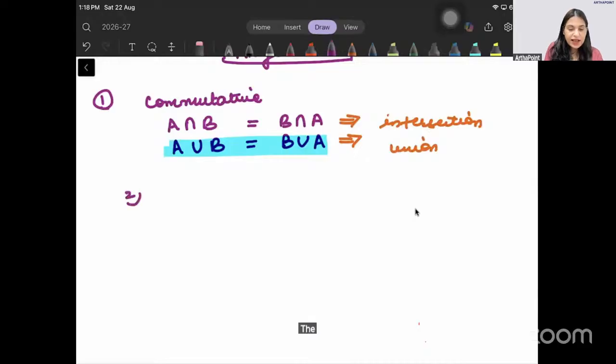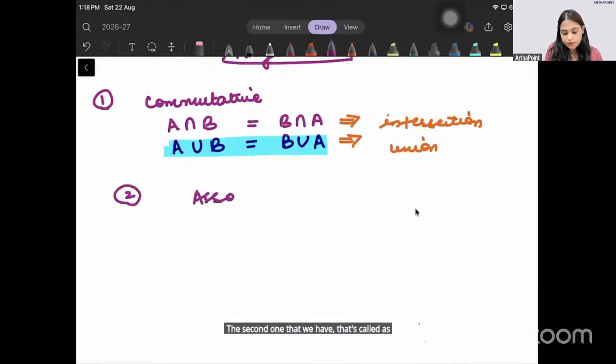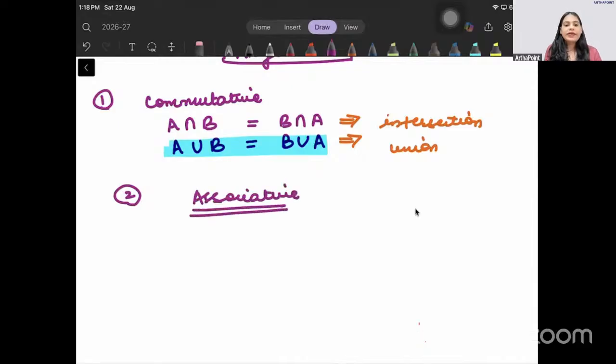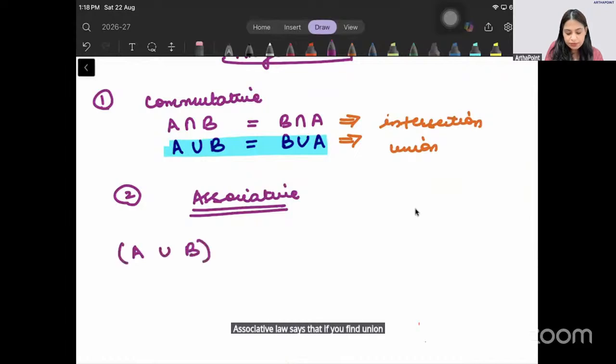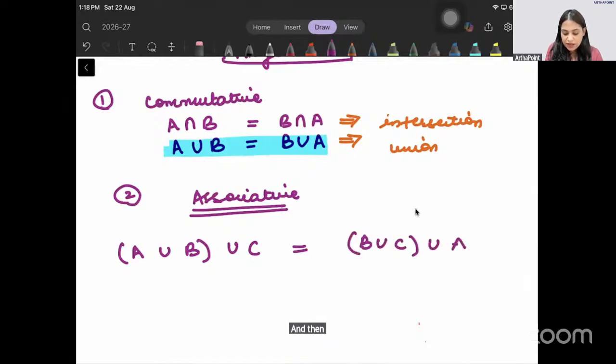The second one that we have is called the associative law. Associative law says that if you find the union between A and B, first take the union of A and B and then take its union with C, or you find the union between B and C and then its union with A, it's the same thing, right?